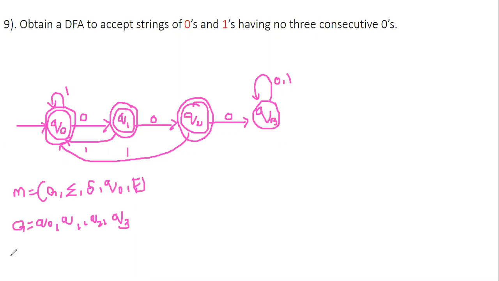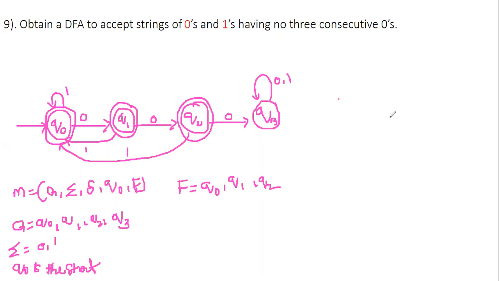Then later Sigma will be equal to, as usual, {0, 1}. Then Q0 is the start state. And the final states will be equal to what? Three final states we have. Be careful: {Q0, Q1, Q2}. Okay, so three final states.